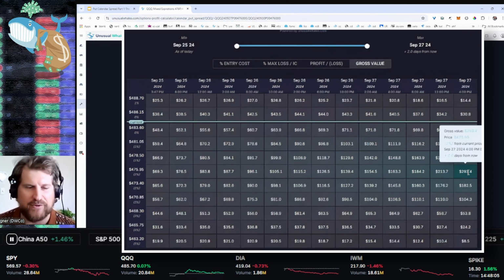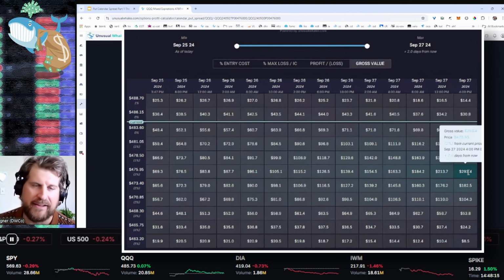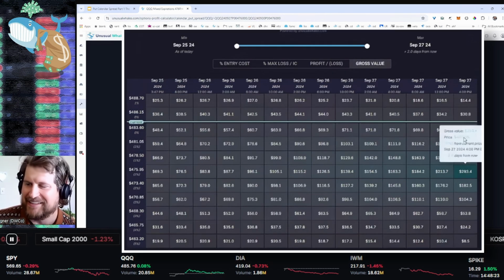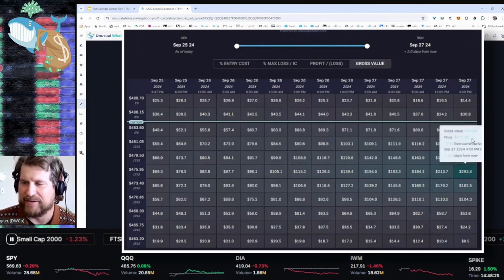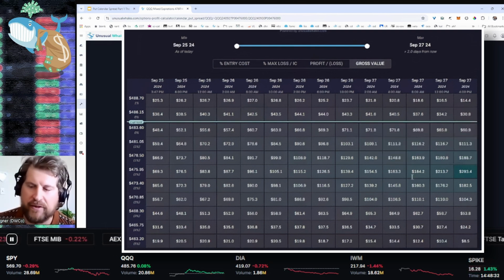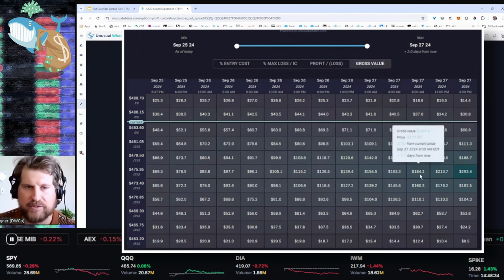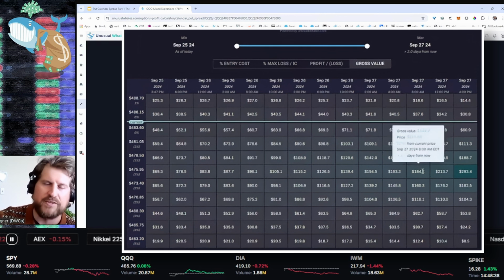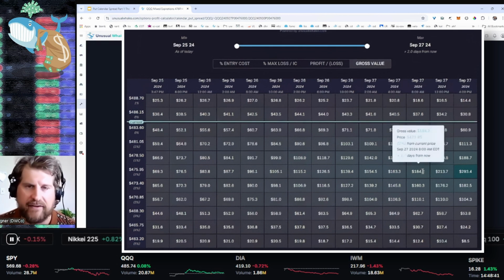And again, with QQQ, assuming you don't want to take ownership of 100 shares, you don't want to take the chance, because you're short that front put and could potentially be assigned. So don't expect this to get all the way up to that maximum profit level, but be aware that you could get a really nice multiple if the underlying price cruises into that area.